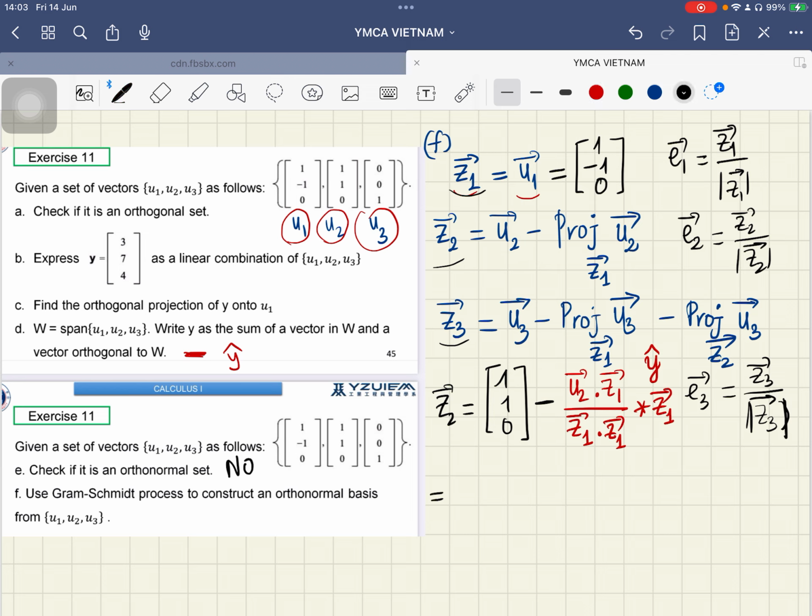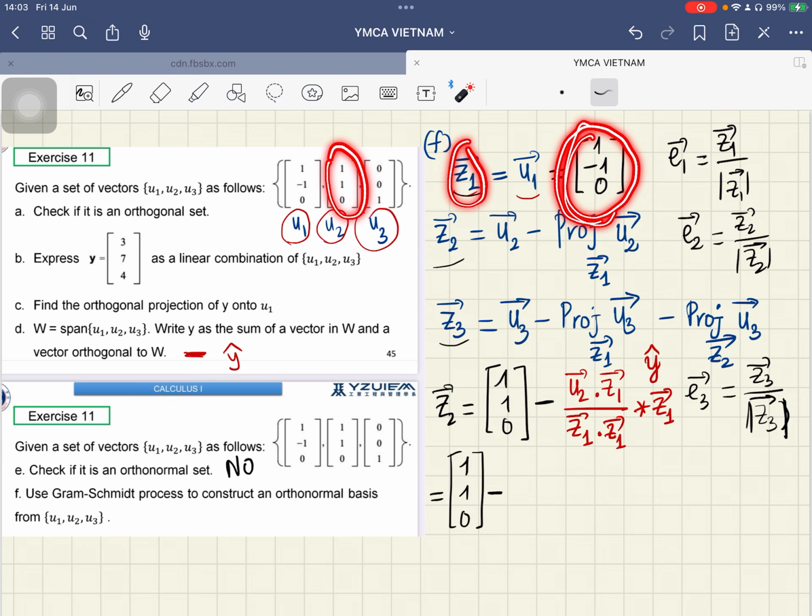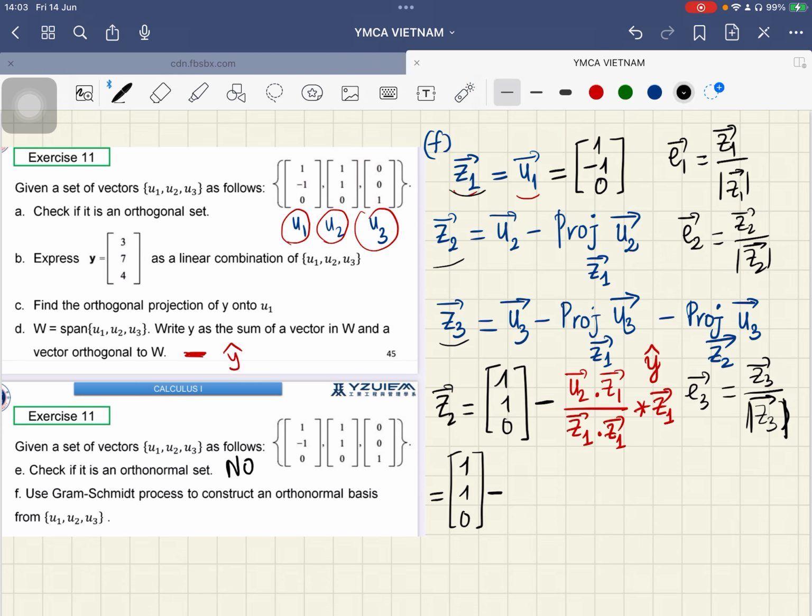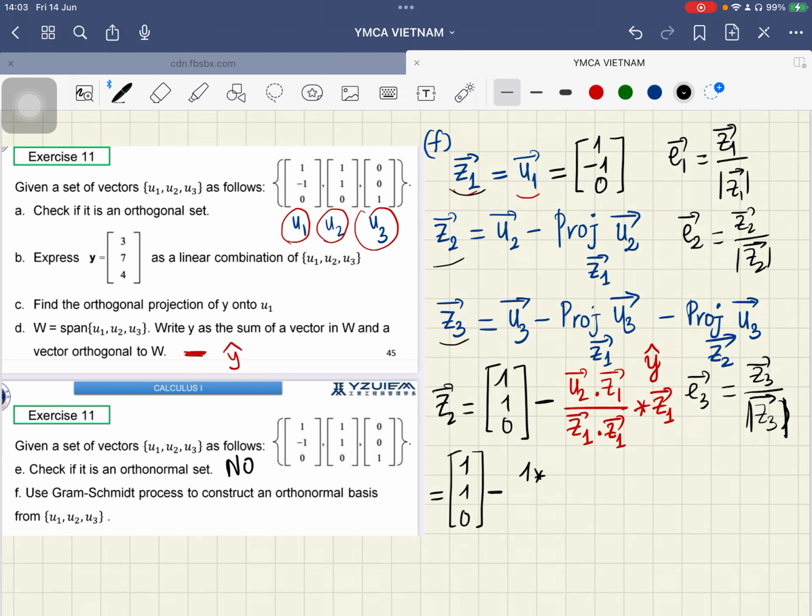So we will have here 1, 1, 0 minus the dot product between U2 and Z1. So we have 1 multiplied by 1 plus 1 multiplied by -1 plus 0 multiplied by 0, divided by the dot product of Z1 and Z1.